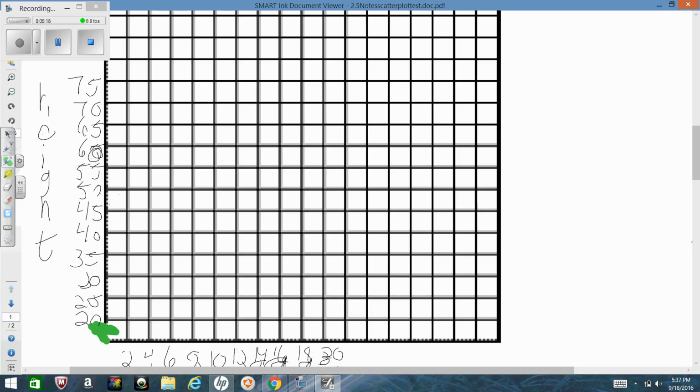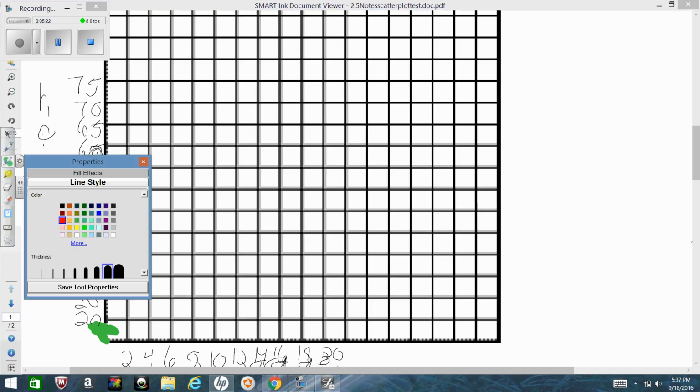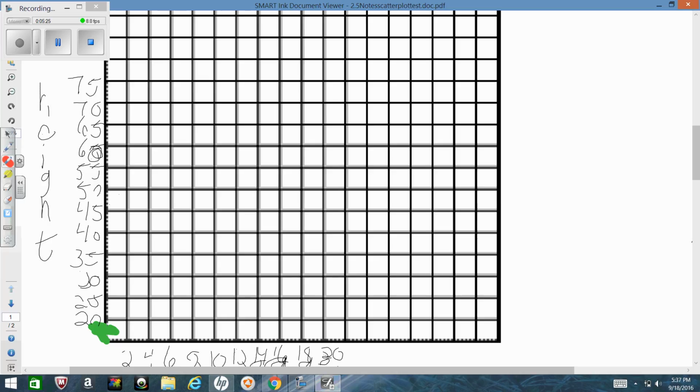Next we need to plot these points, and I'm going to plot them in red. First point is 2, 28. Over 2, halfway here, 28 would be right there.